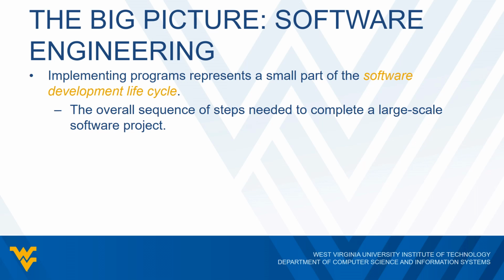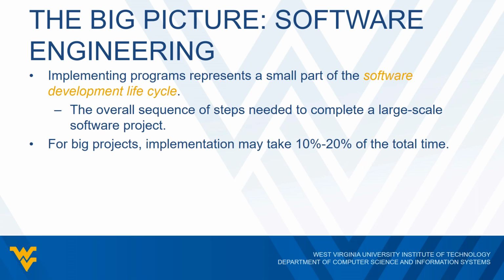Studies have actually shown that on big projects, and we're talking about huge system software such as developing operating systems or compilers or even large applications for companies, the initial implementation of a program may occupy only about 10 to 20% of the total time spent by program designers.